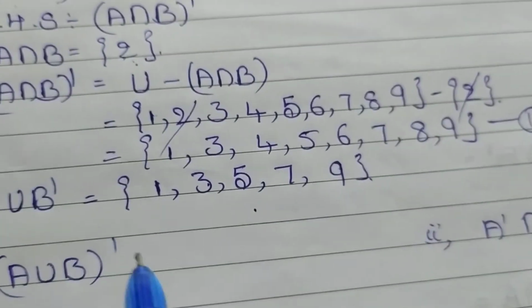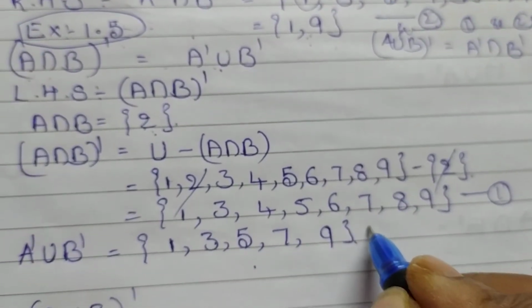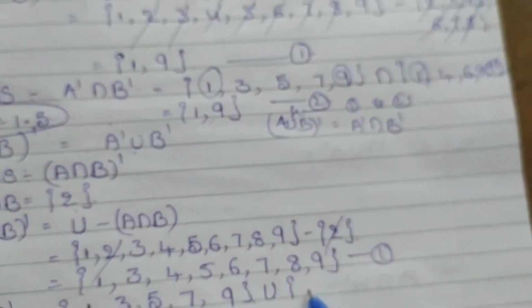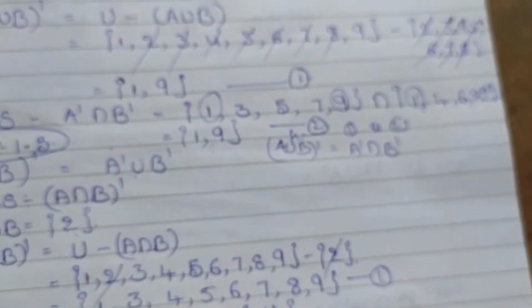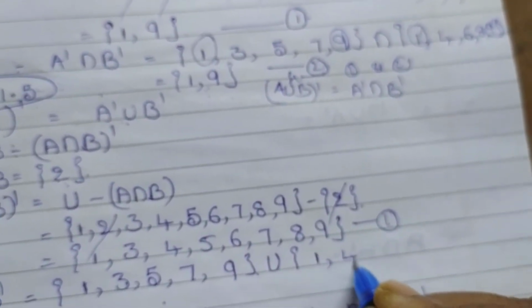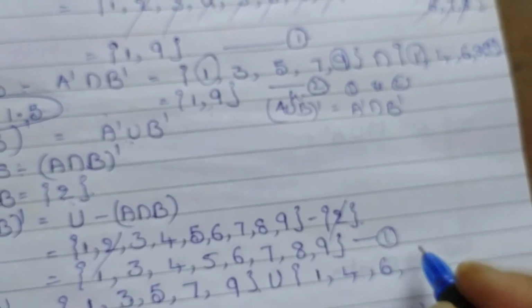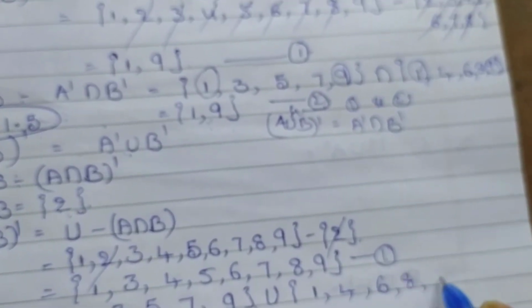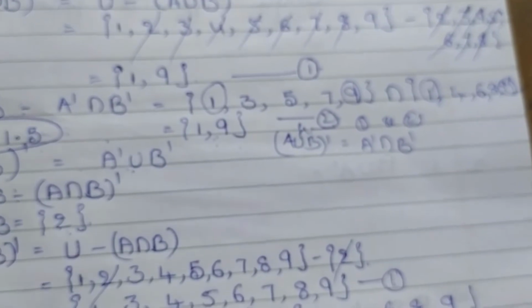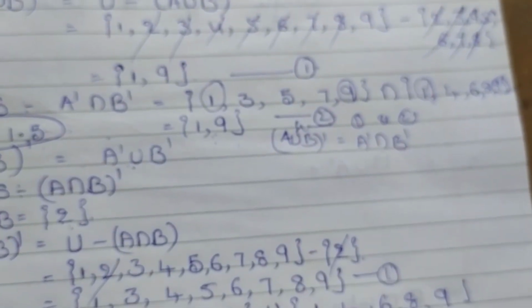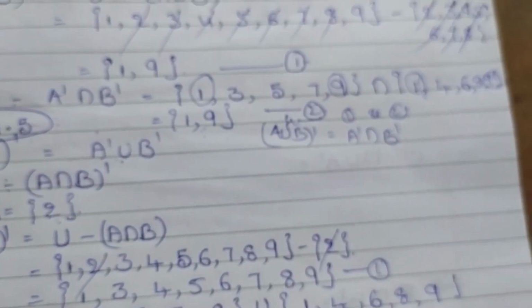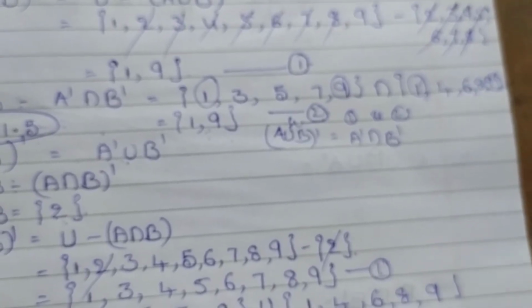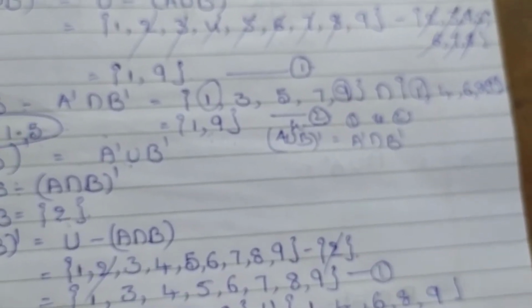So let us write this union B complement. In the previous problem we got 1, 4, 6, 8, 9. Now union means we should write all the elements: 1, 3, 4, 5, 6, 7, 8, 9.